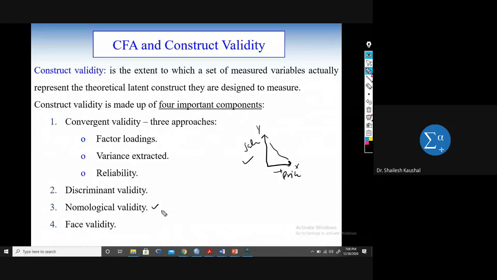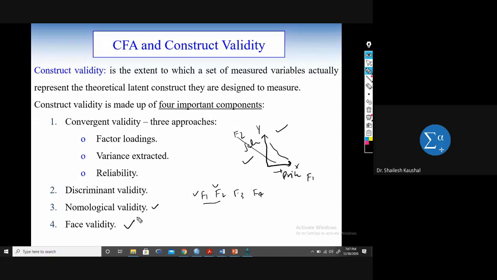And if our results come out, in the relationship between these factors f1, f2, f3, f4, for example, this is my f1 and this is f2, and there is an inverse relationship, then when we find the model, the relationship between f1 and f2 should be the same as the theory suggests. If theory says there is a negative relationship between f1 and f2, then whatever results we are getting should follow the theory.